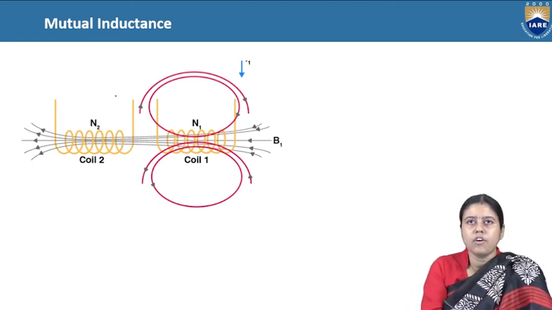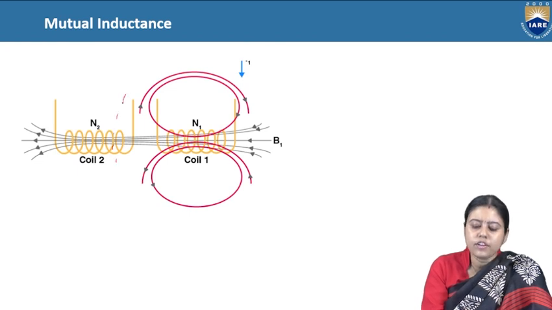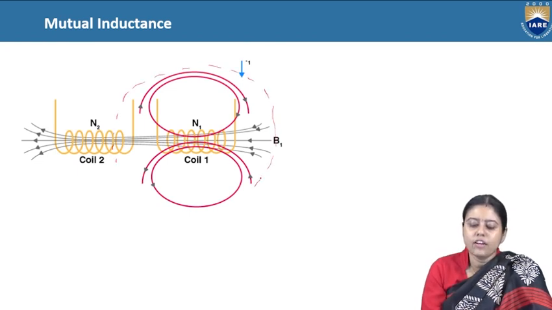If this is one coil and this is another coil and current I1 is flowing through the first coil, you can see this red one is the flux, and this flux will cut the secondary coil.